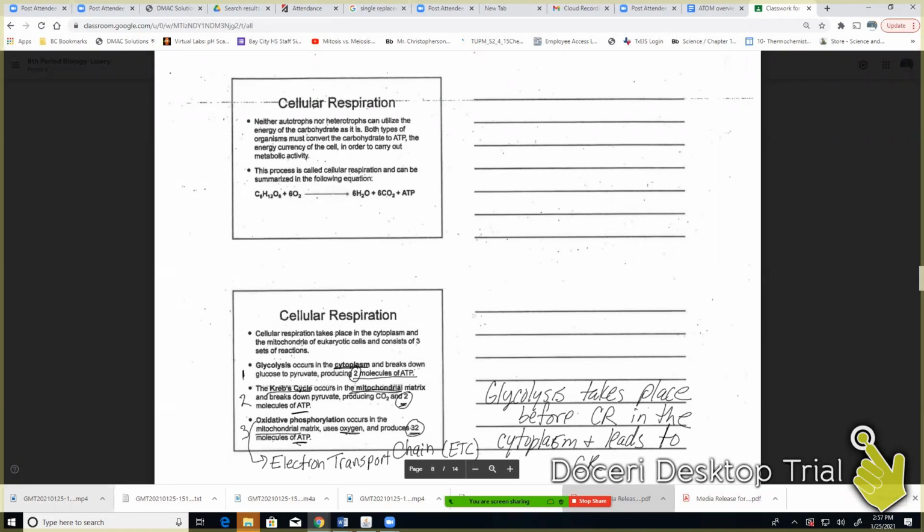So although it's included, it actually takes place outside of the mitochondria. So we're going to look in a little bit at those different places on the mitochondria. We're good? Let's go right.